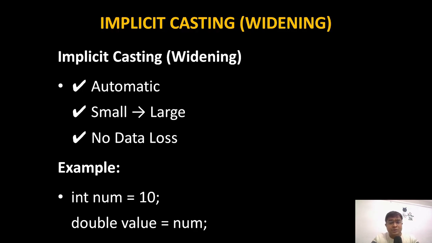Java allows this because no data is lost. This is safe typecasting, but don't rely on it yet. Yes, the danger starts when you go the other direction.